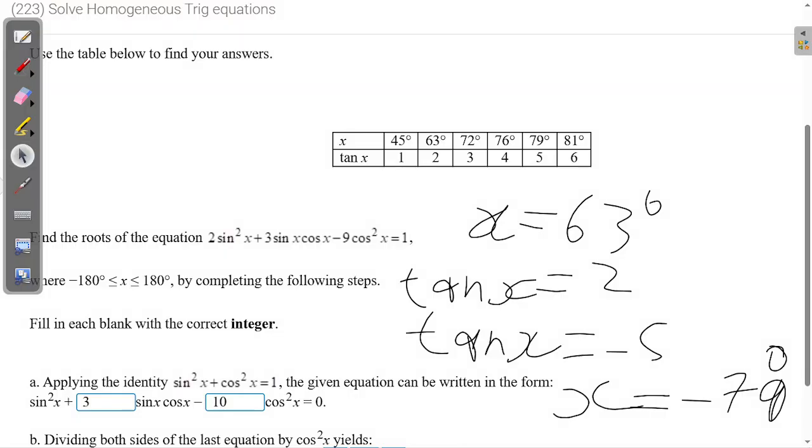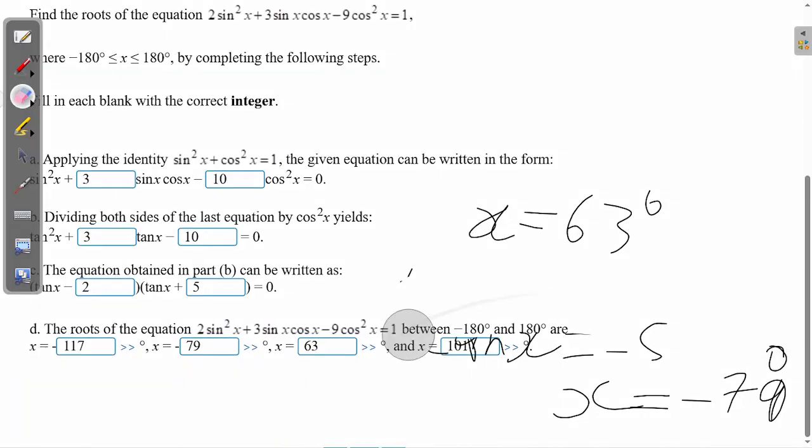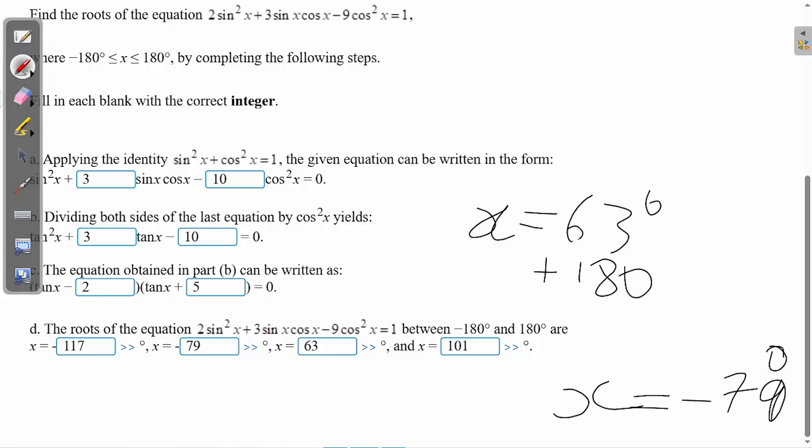Now they want 4 answers. We know that tan x is periodic, every time you add 180 you get the same value, so either add 180 or subtract 180 to get another angle that will give you the same tan.